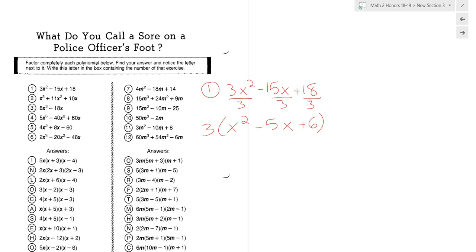Now I'm just factoring this, x squared minus 5x plus 6. So we're multiplying to 1 times 6, which is 6, and adding to negative 5. But negatives, right? So negative 2 times negative 3 is 6, negative 2 plus negative 3 is negative 5. So I have 3 times x minus 2, x minus 3.